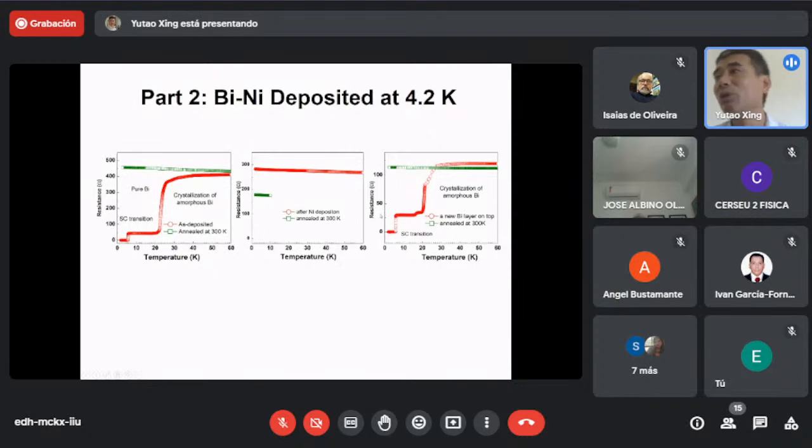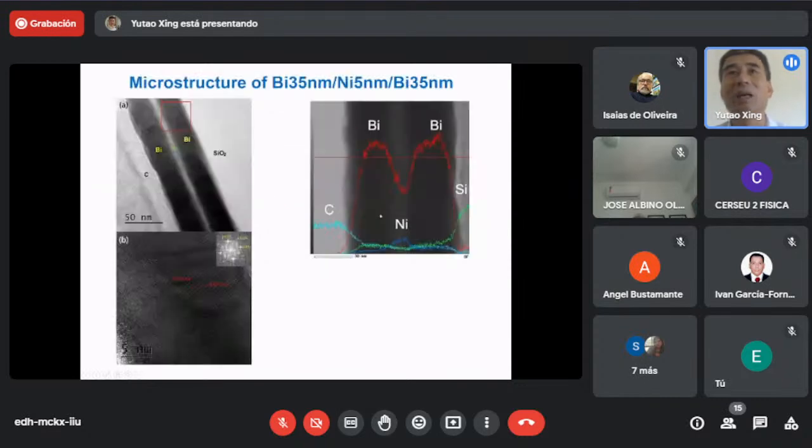Of course, we have to show the microstructure of this sample. We see bismuth 35 nanometers, nickel 5 nanometers, and bismuth 35 nanometers. Here is a low magnification image. You can see bismuth, nickel, bismuth, silicon dioxide, carbon. So you see we controlled the deposition very well, and you can see the two layers of bismuth are exactly the same.